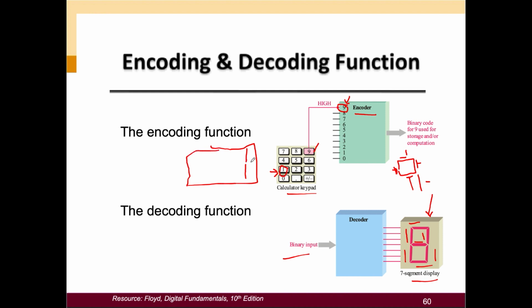So how this happens is that the pins for these two will be high. So that's why you will get this. So you have 1, 2, 3, 4, 5, 6, 7. So the 7 segment display will display all of this.